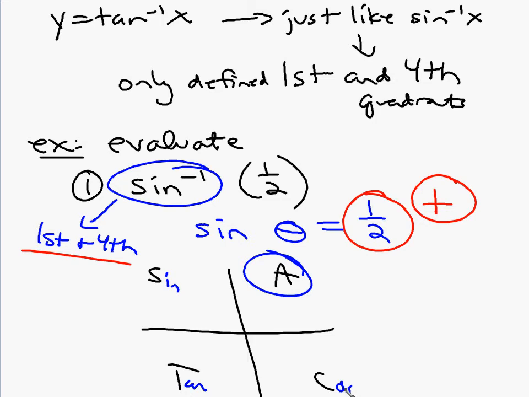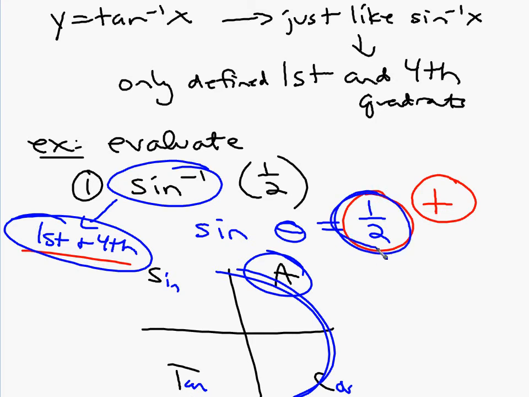So let me ask you a question. We're working with sine. I can only work in the first and fourth quadrants. So when we look at inverse sine, we have to remember once again we're only looking at the first and fourth quadrants. We're only working right here. So that's why I made a big deal out of, is this value positive or negative?